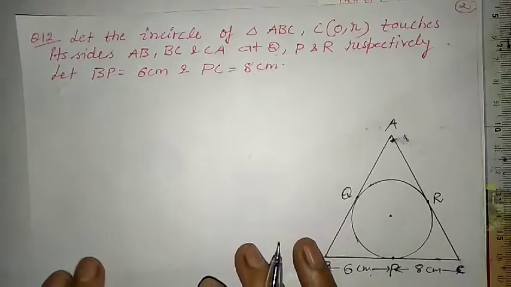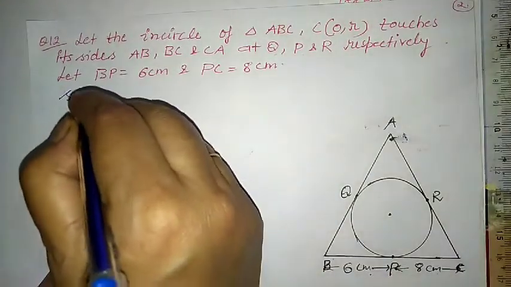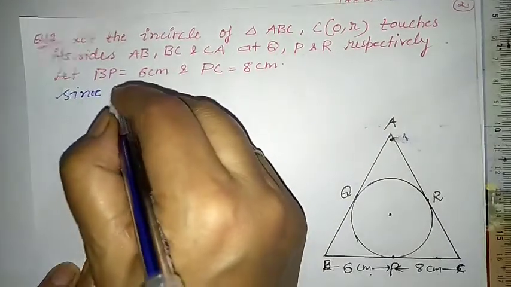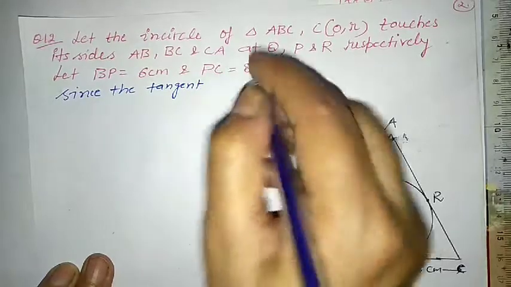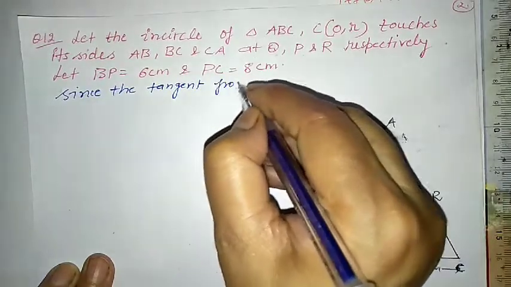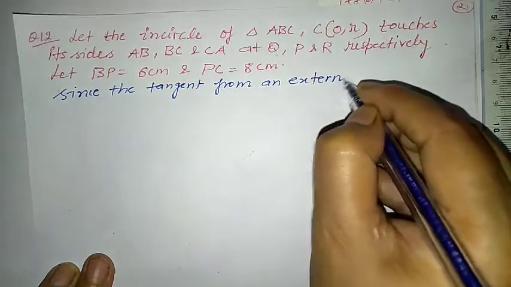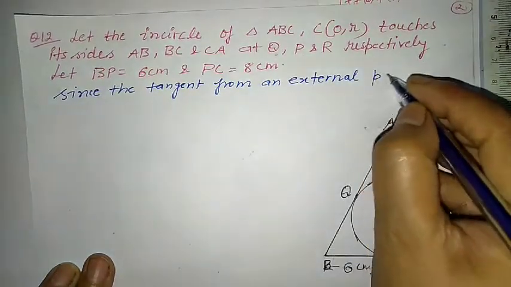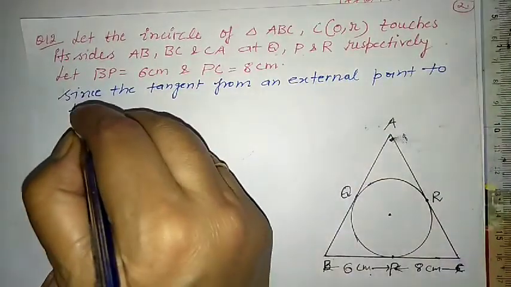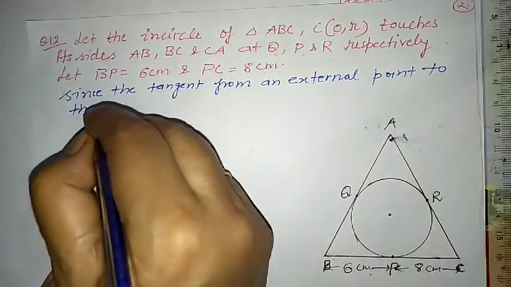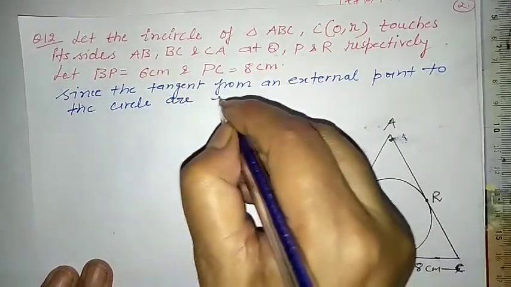So what will we write here now? Since the tangents from an external point to a circle are equal.